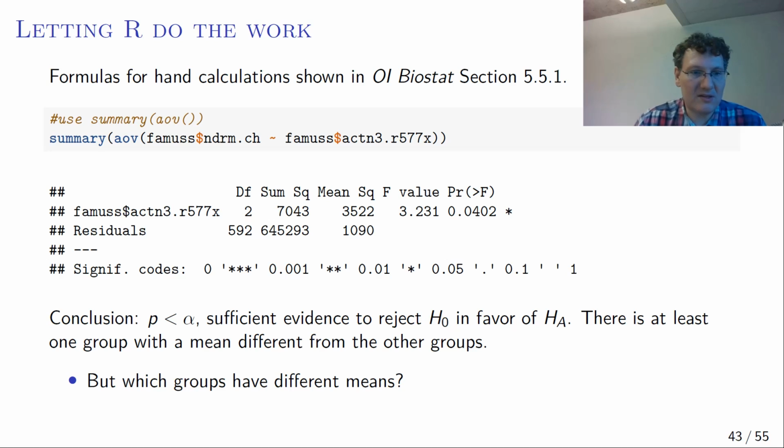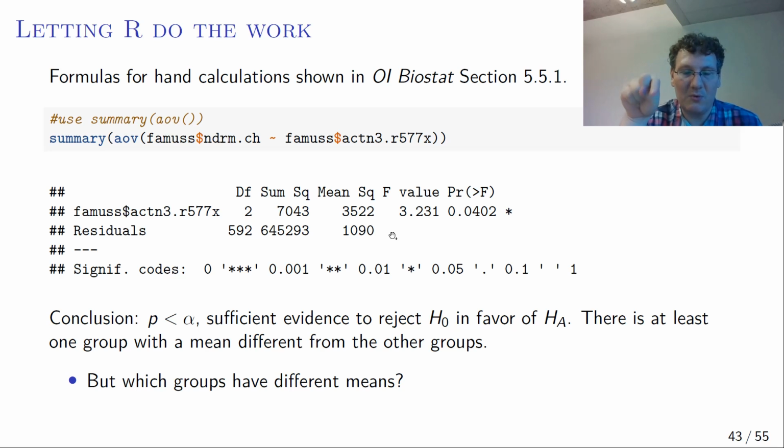And so the results here, you can see it tells you a whole bunch of stuff. It gives you the mean squares, and so this 3522, that's the mean squared variability, or mean squared deviations, between groups. And the residuals line, that 1090, that's the mean squared within the groups.